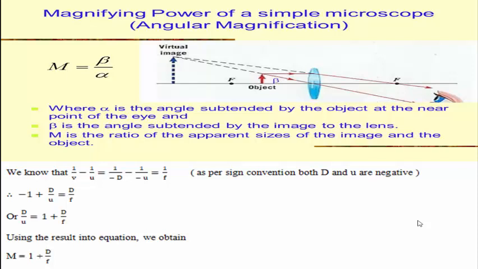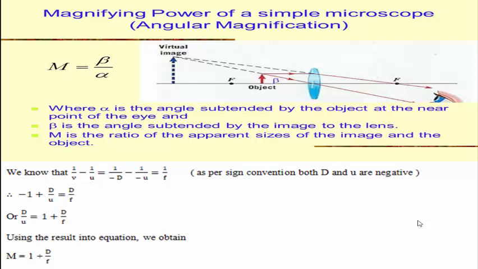We know that 1 by v minus 1 by u is equal to 1 divided by f, where v is nothing but your image distance at the least distance of distinct vision, which is taken as D. And we put minus here because of the sign convention.